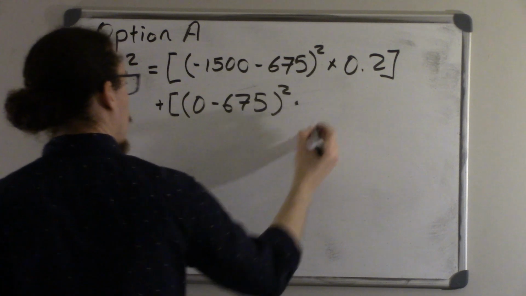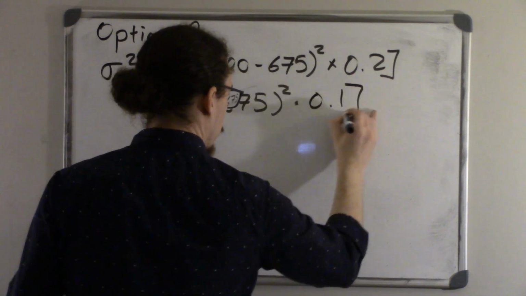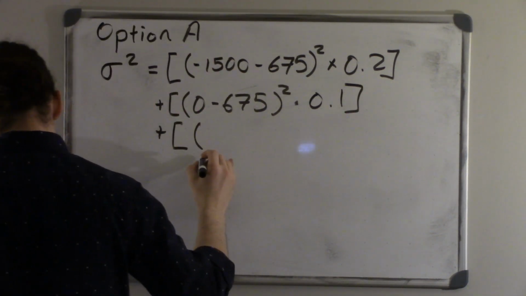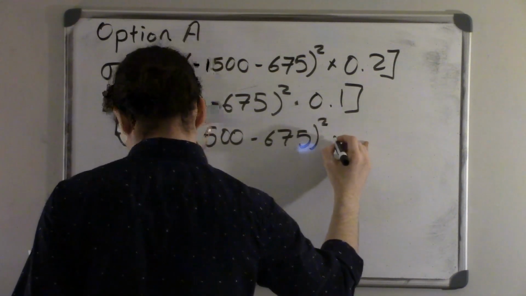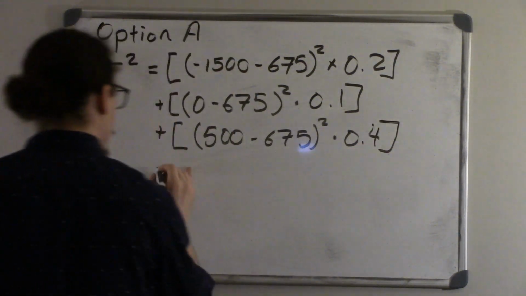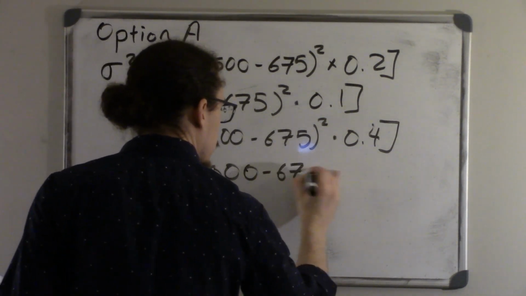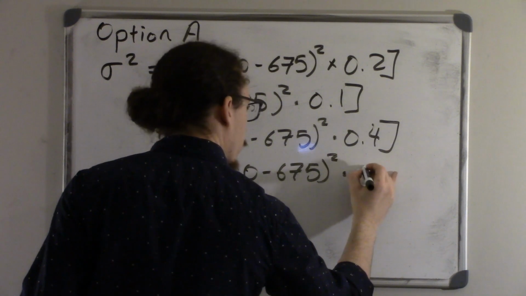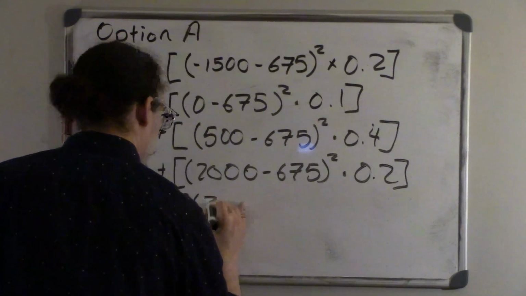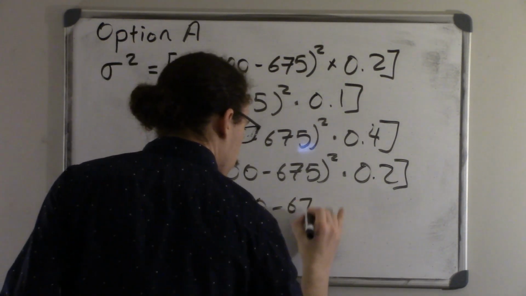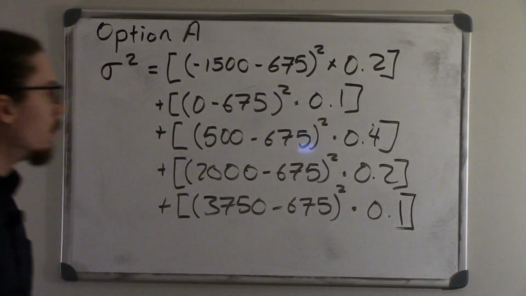So 0 minus 675 squared times 0.1, plus 500 minus 675 squared times 0.4, plus 2,000 minus 675 squared times 0.2, and finally 3,750 minus 675 squared times 0.1.